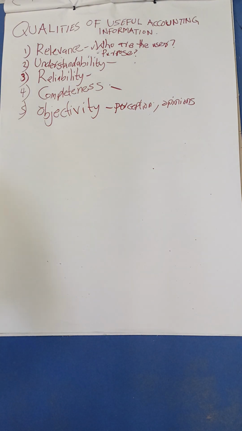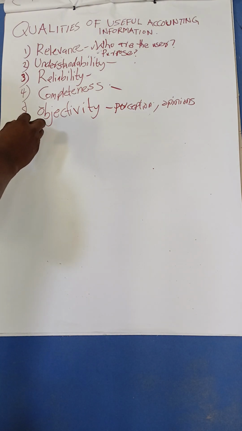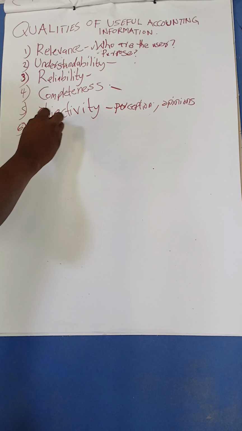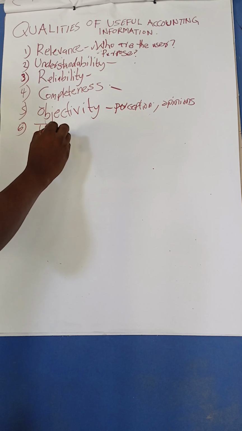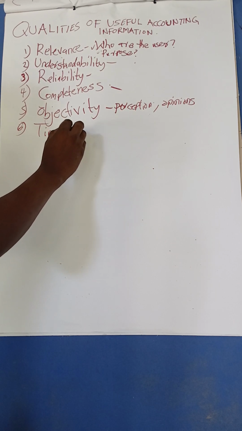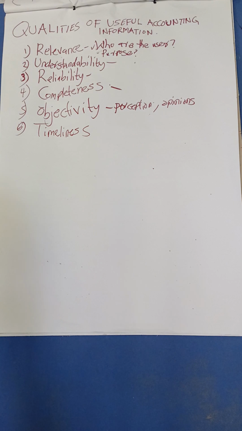The next quality that you must make sure that you adhere to is timeliness. Good. As we always say, if you don't present something on time, the decision will not be made on time.